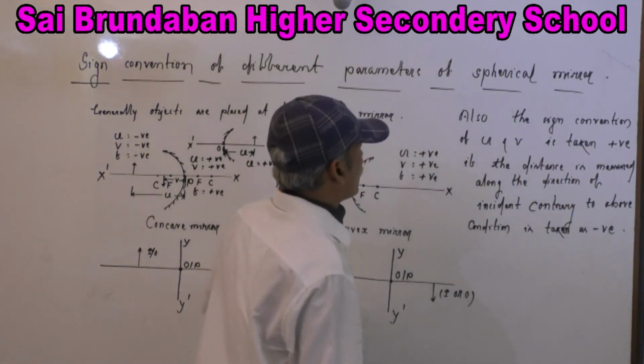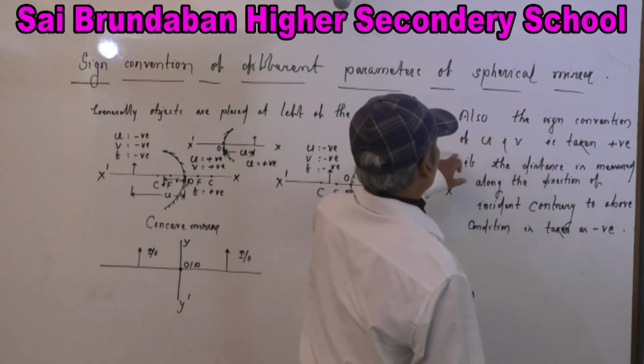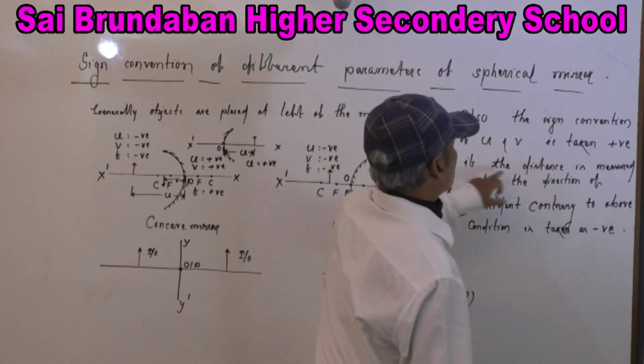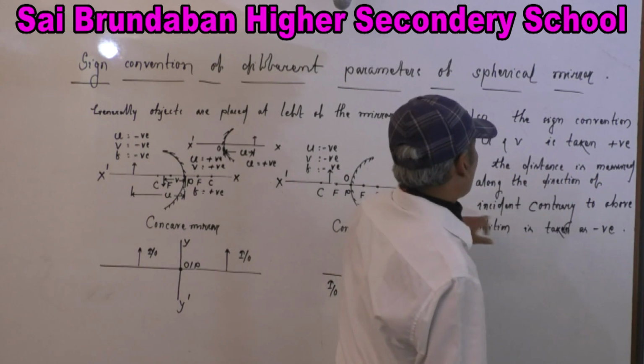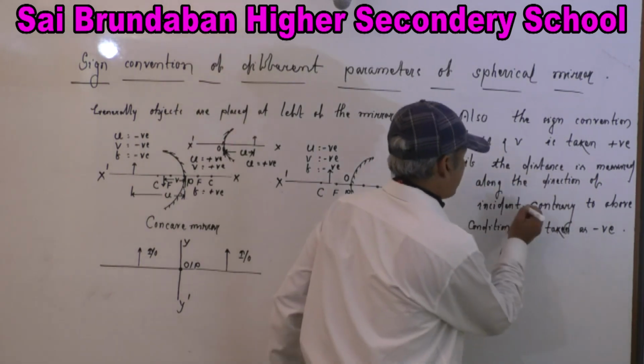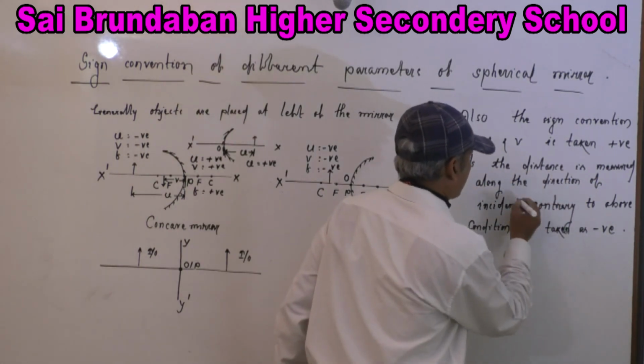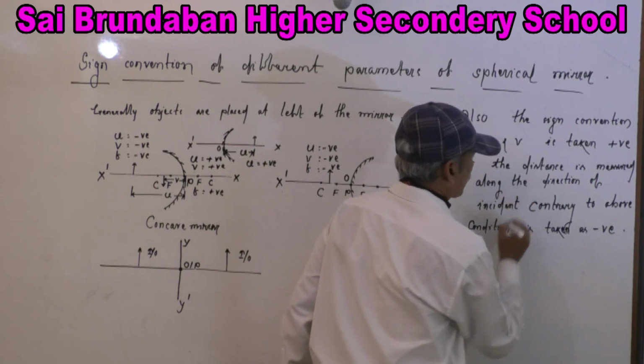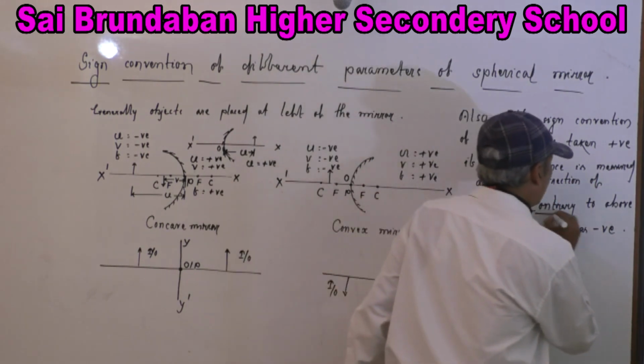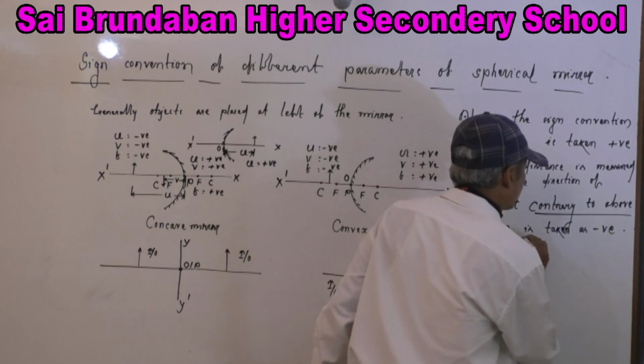The sign convention of U and V is taken positive if the distance is measured along the direction of incident ray. Stop here. Along the direction of incident ray. Next, contrary to the above condition, it is taken as negative.